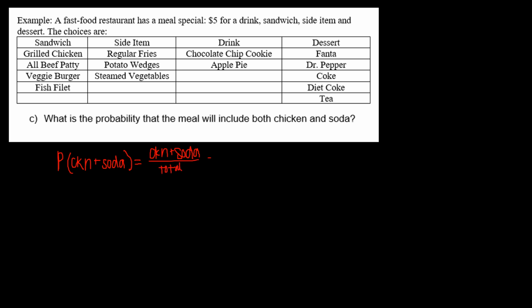So again, looking at those answers we just got, we found that we can make 24 chicken and soda meals, and we can make 120 with all of the options. Okay, so we simplify that. We can divide both those numbers by 24, and we're going to get 1 over 5.